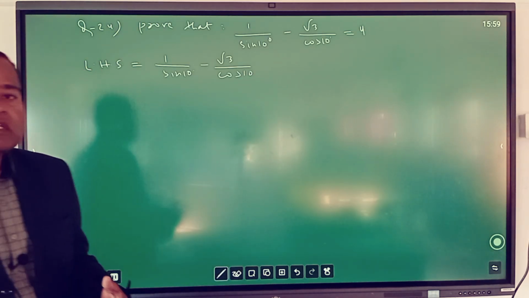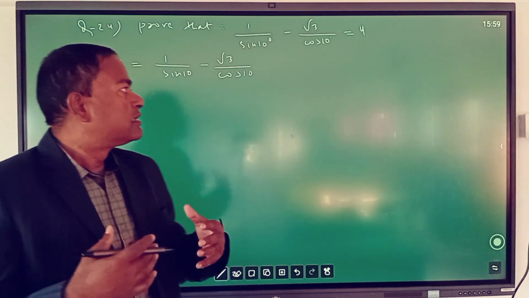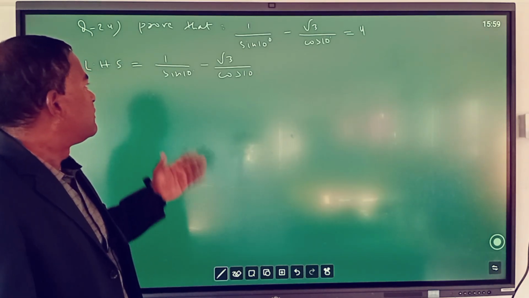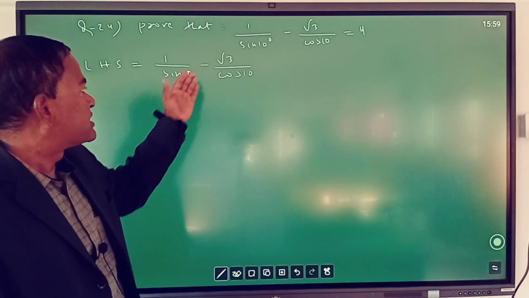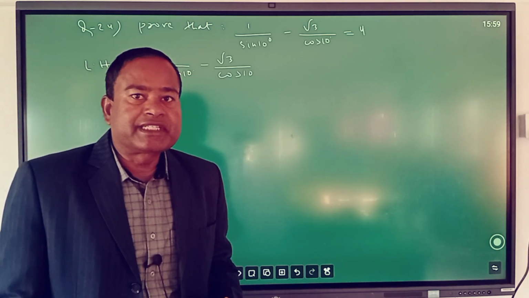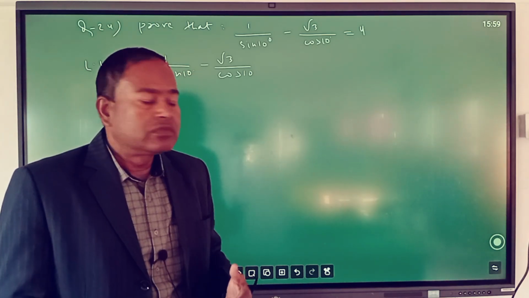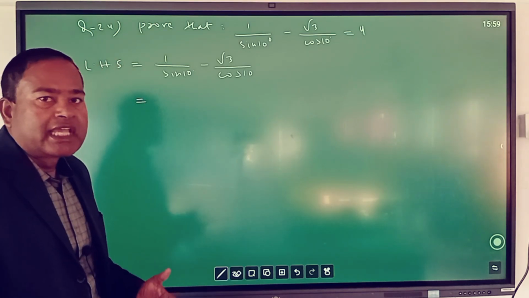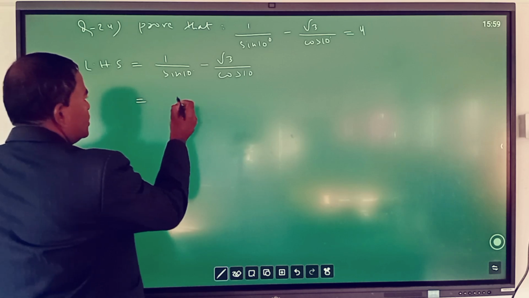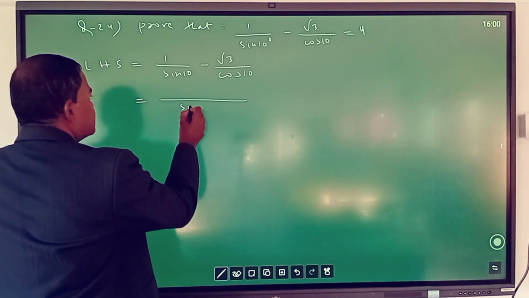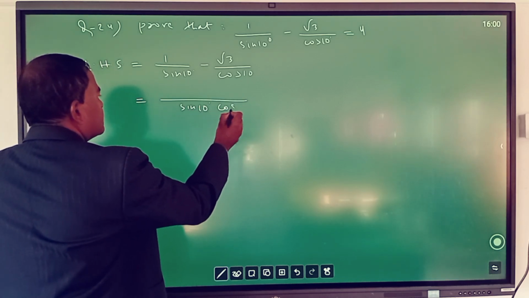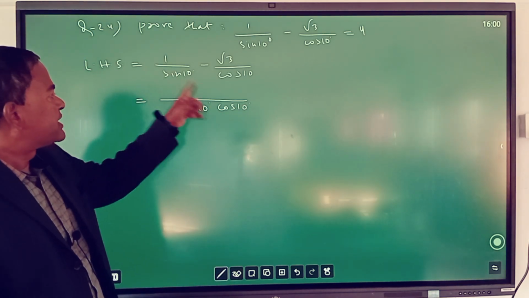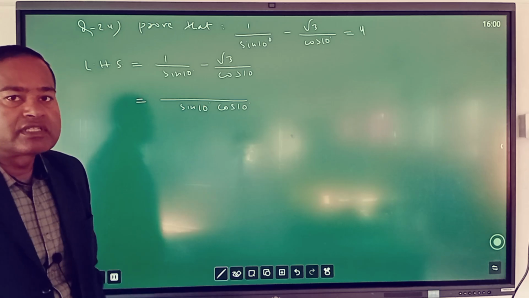So dear students, by solving this trigonometric expression, we have to find the value of it, which is equal to 4. So at first we take the LCM of denominators. The LCM of denominators is sin 10 degree times cos 10 degree.